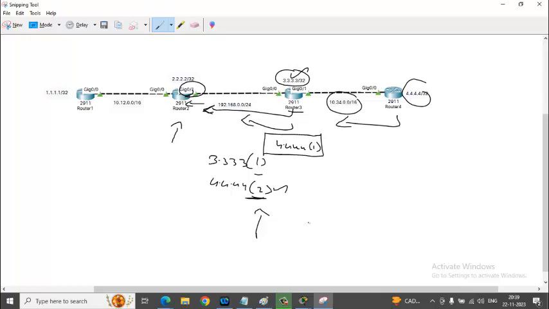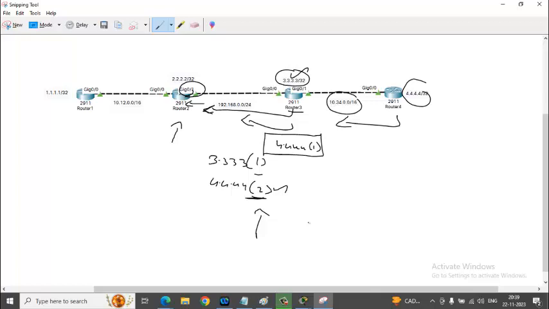After 180 seconds, router 3 will say, I don't have this route. And router 2 will say, you don't have it, I have it. For me it is 2 hop, take it, 3 hop for you. It's dangerous, no?